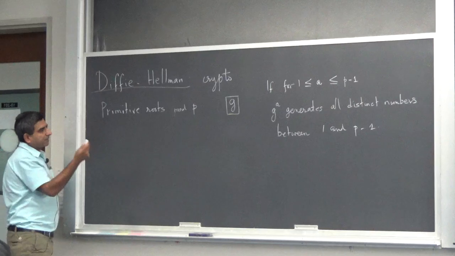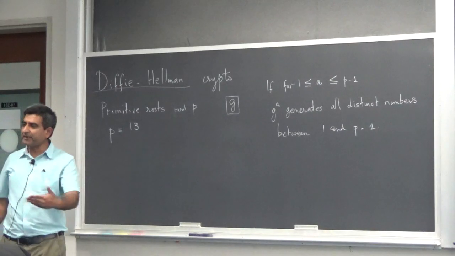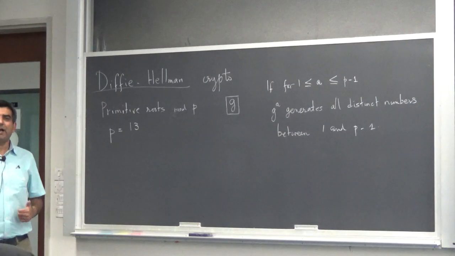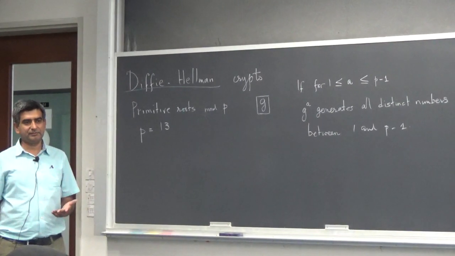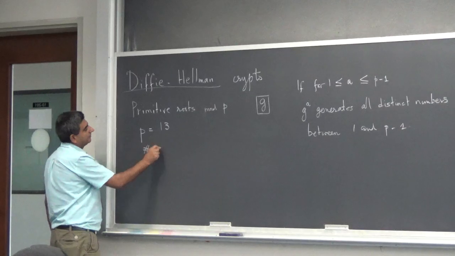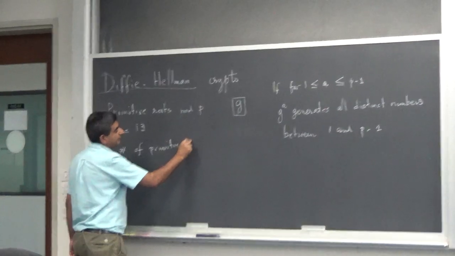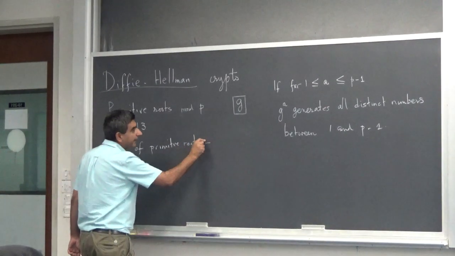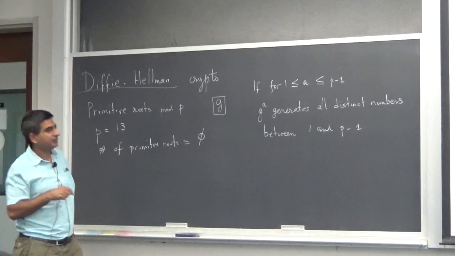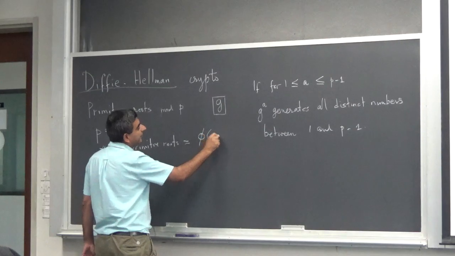Suppose I pick a prime number, say 13. I want to find the primitive roots mod 13. First of all, I need to know how many primitive roots exist. The number of primitive roots of a prime number is given by the Euler phi function, denoted by phi of p minus 1.